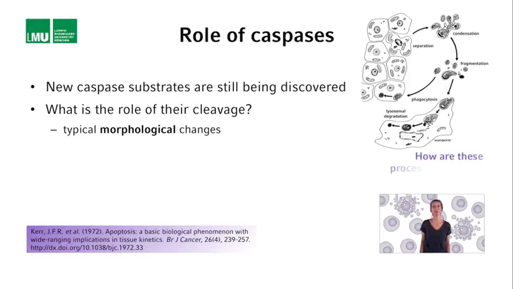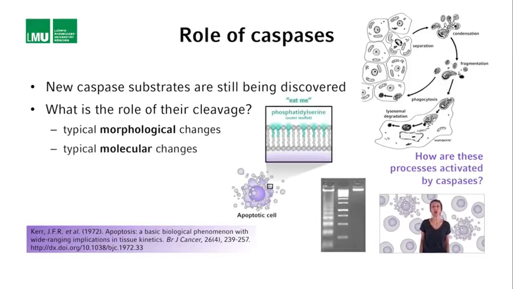For many of these processes, it is still unclear how they are activated by caspases. Furthermore, caspases activate the typical molecular changes that are observed in apoptotic cells and that we talked about during the first week.